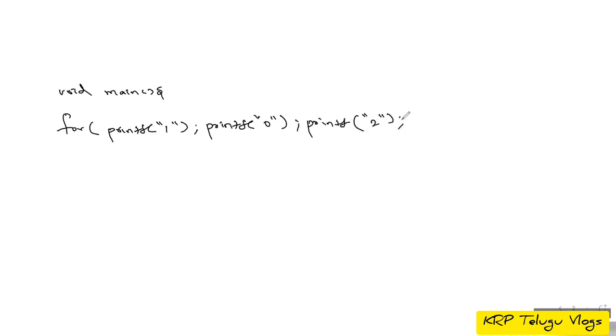Anyways, I will write the printf statements. So for, printf 1, printf 0, printf 2. Okay. So now printf something.